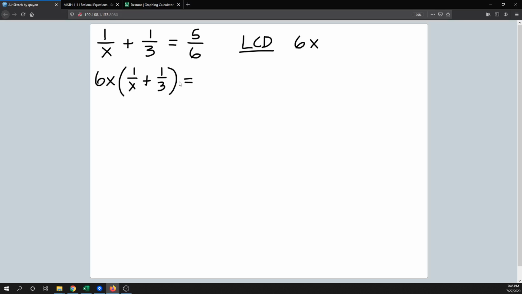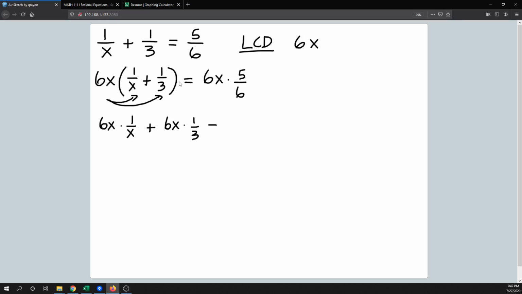Over on the right-hand side, there's only one term, so I'm not going to worry about that as much. Over here on the left-hand side, I am going to distribute that 6x to both terms. So I have 6x times 1 over x plus 6x times 1/3.